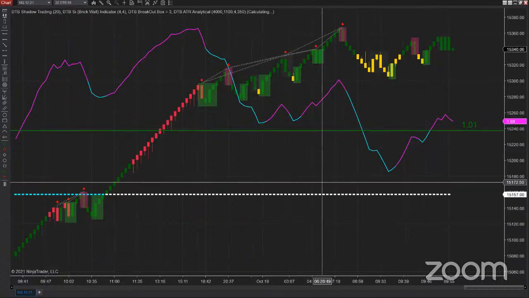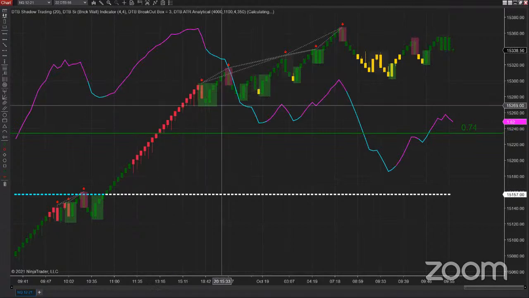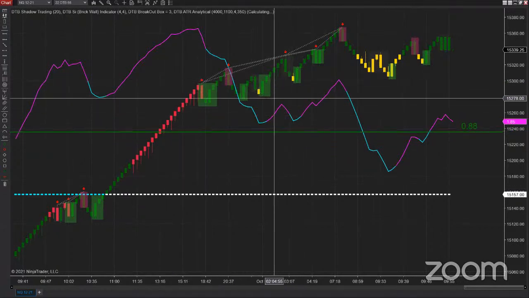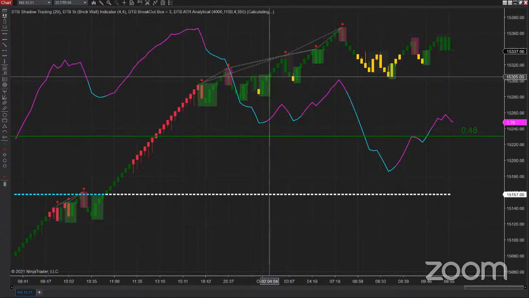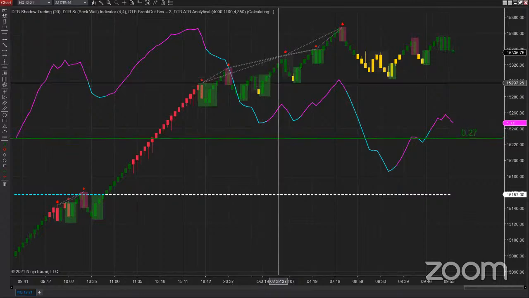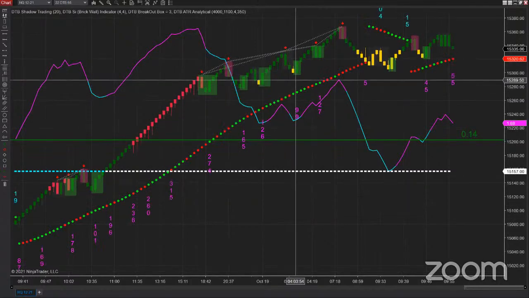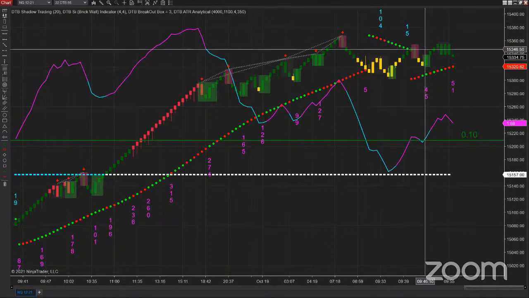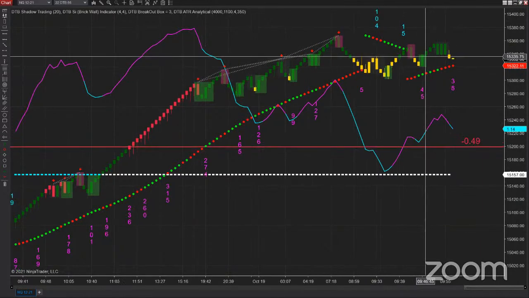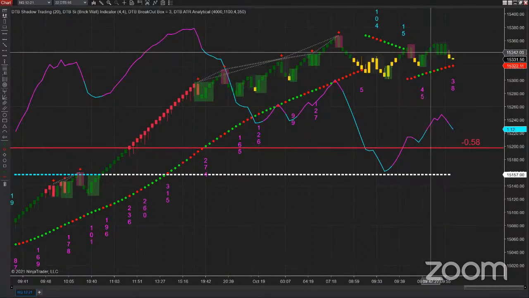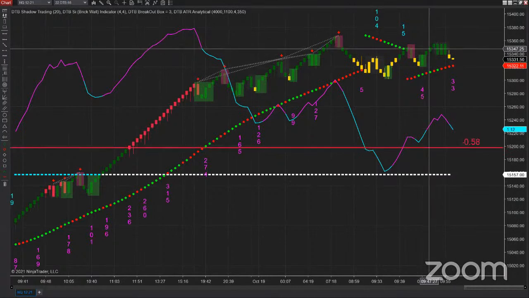So this is with the shadow trading and the SI indicator, the brick wall, as well as the breakout box. These breakout boxes are going to appear on the chart at the close of the bar after the breakout. So if you notice, this green box will be on the next bar, the following bar.